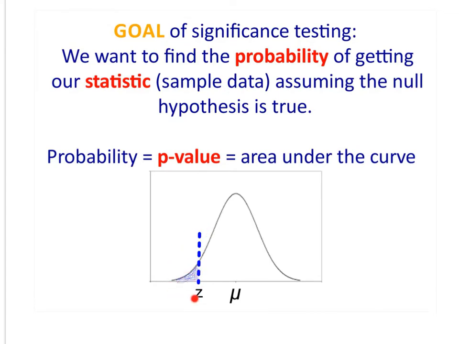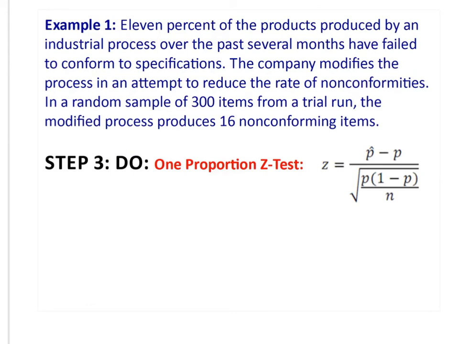So if this is my goal, I need to figure out how do I get this z value. And this is where the formula is going to be different for every test. So if we think about this step 3, this do step, make sure you get this down.